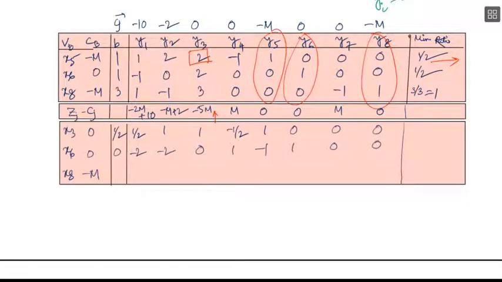So we will get 3 minus 3 by 2, that is 3 by 2, 1 minus 3 by 2, that is minus half, minus 1, minus 3.